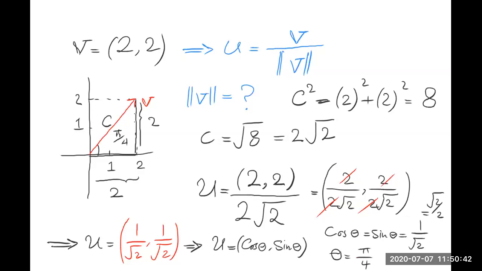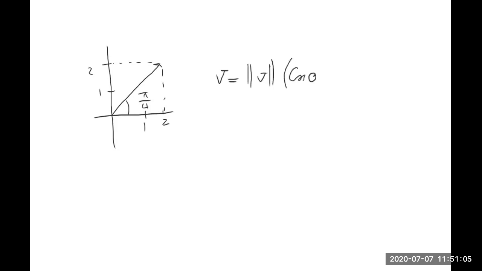That is true, pi over 4. So if I look at this vector v, which is 2 and 2, this angle here is pi over 4. Now I can present v as I said, the length of v times cosine theta, sine theta.